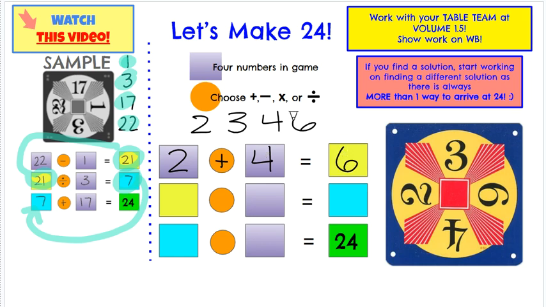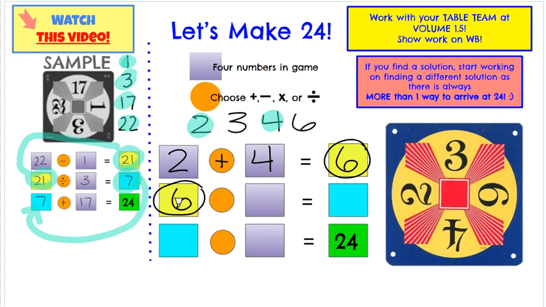Now, keep in mind, that's not this 6. That's a solution 6. So sometimes your solutions will match numbers you have here, but remember, you're only worried about the numbers that you use here in these purple squares. So we're going to go ahead and highlight those 2 numbers. They've been used. That 6 is going to get carried over here.